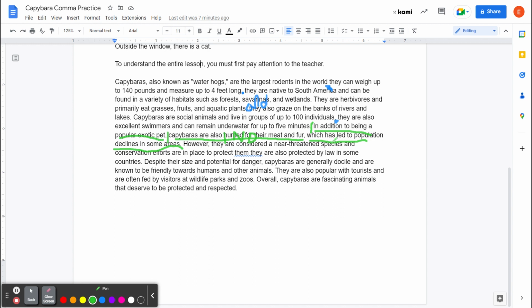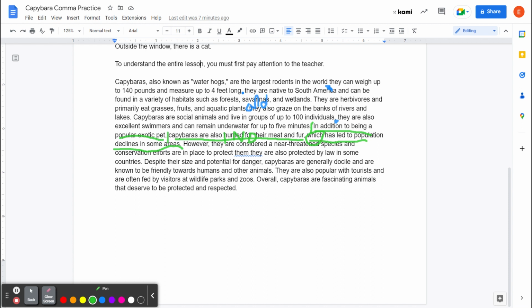This will trip some people up because they think that which has led to population declines in some areas is a dependent clause, in which case this comma would not need to go here. However, one thing you can't forget, which is a pronoun. So because which is a pronoun, that means I have a subject.